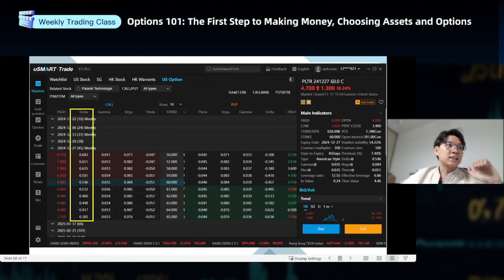Okay, so this is a little hint on how you choose the options. Now you already know how to choose the options based on liquidity, for you to get in and get out. You check on the open interest and also the volume traded across different strike prices. This is the first thing, the liquidity, just to make sure that you get in and get out without any problem. Next, you check on the immediate losses, which is the spread between the bid and ask.